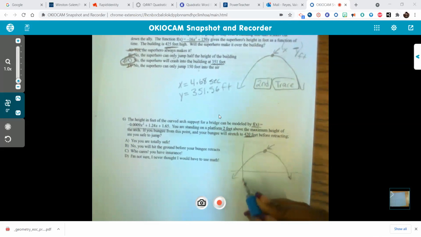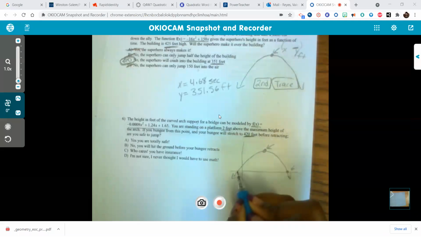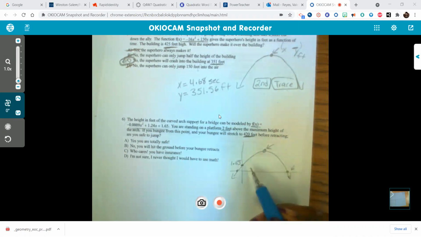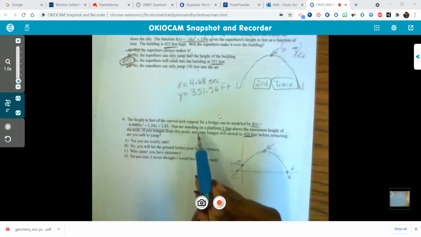This is where the bridge touches the ground on this side too. The initial height is right here, 1.65. This is the initial height of the bridge. Okay. And what else do you need to know?